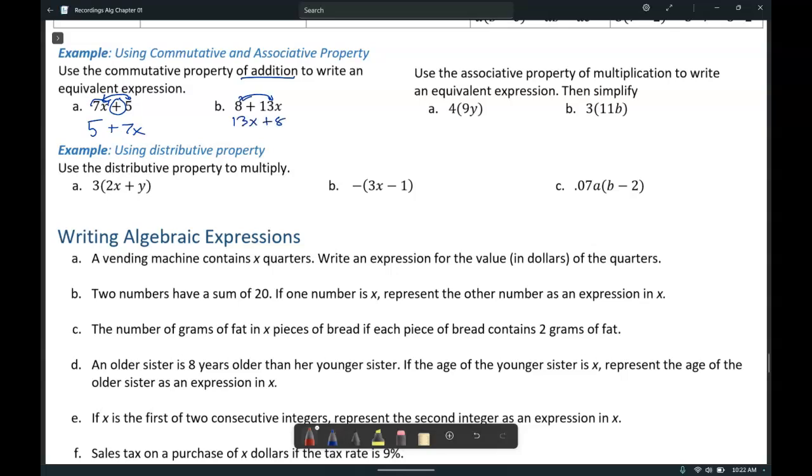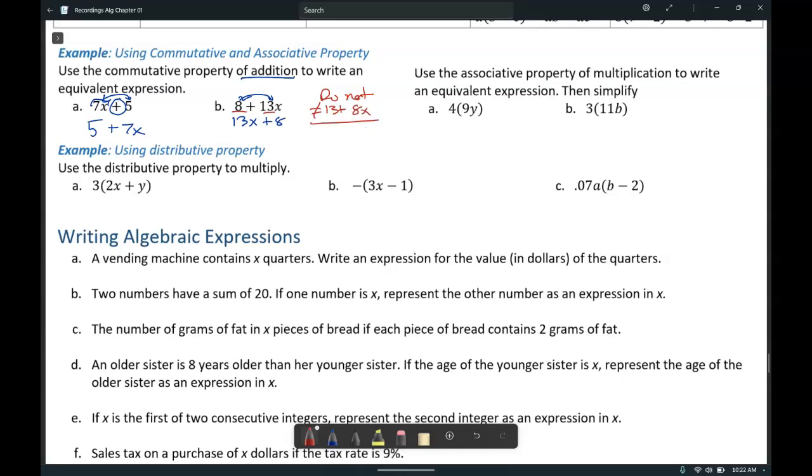What you do not want to do is change just the numerical values and leave the variable alone, because it does not equal if we had 13 plus 8x. That's the first thing you do not want to do.